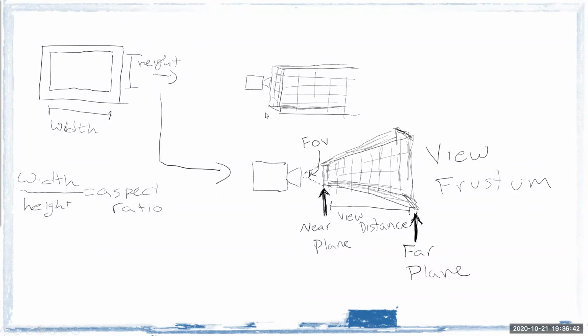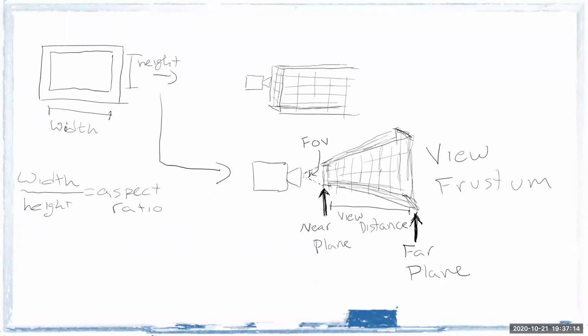So if you're doing an orthographic projection, you'll have this on the top of this slide, the rectangular prism or whatever, where everything that's in front of the camera just gets smushed down onto the plane that's closest to the camera, and that's what you render to your screen.